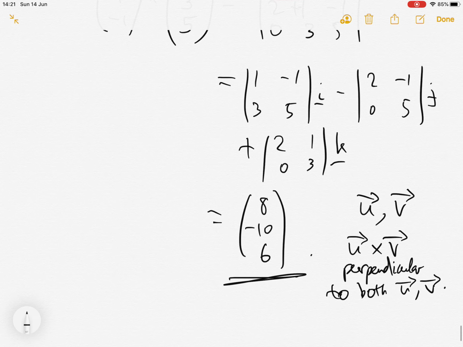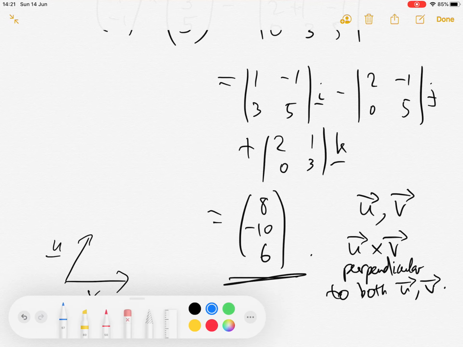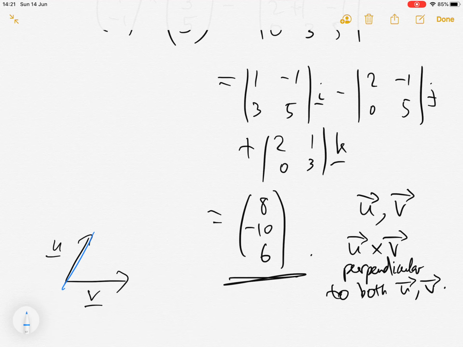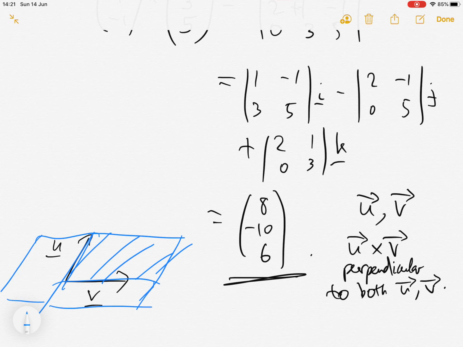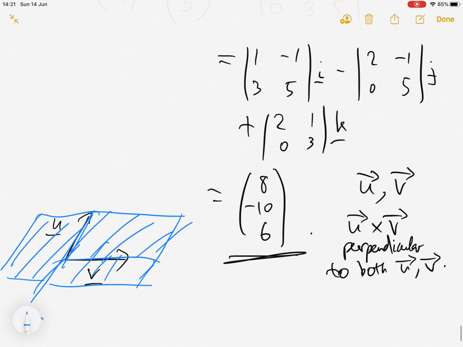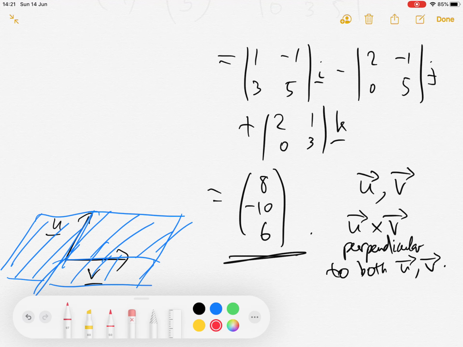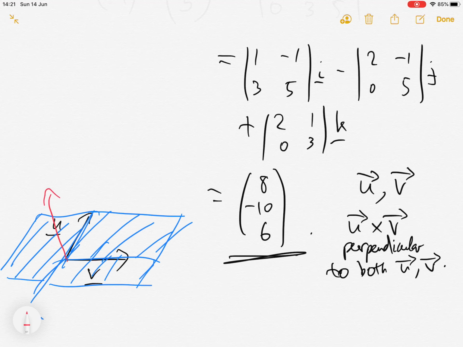And so what this means is the vectors u and v, if we were to draw them like this, really span a kind of plane in 3D space. It obviously extends in all directions. The cross product is this red vector coming out of the plane that's perpendicular to the plane. So that's what it means geometrically.